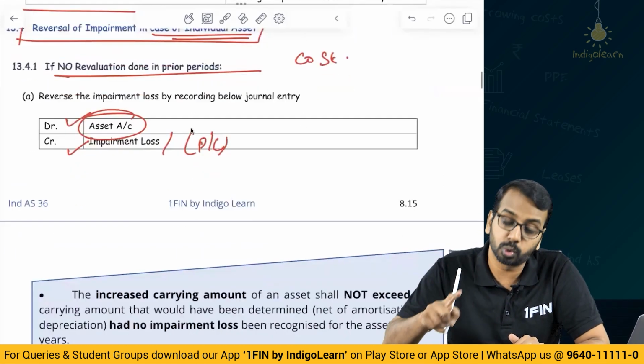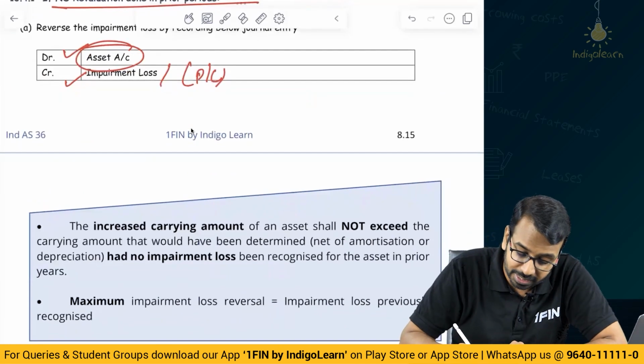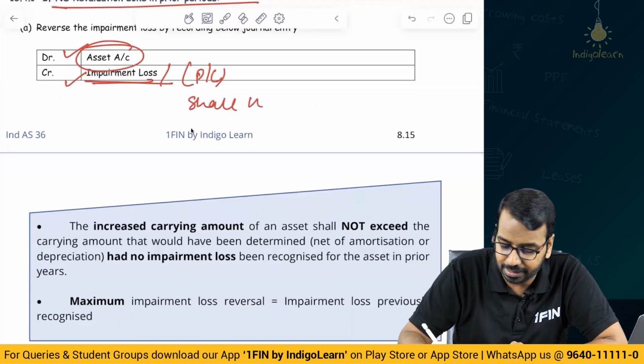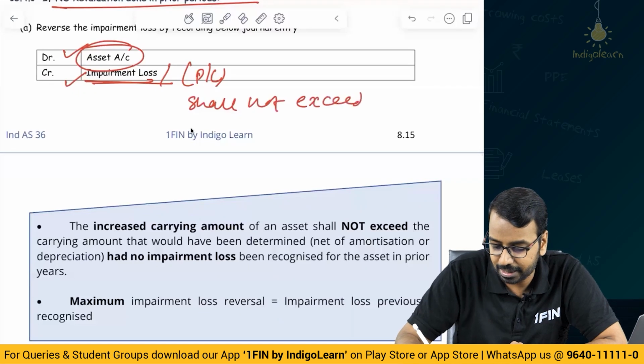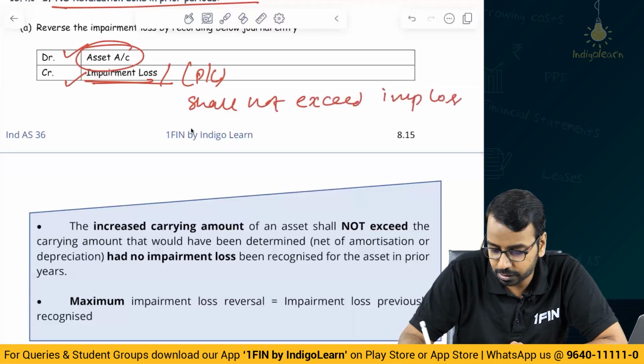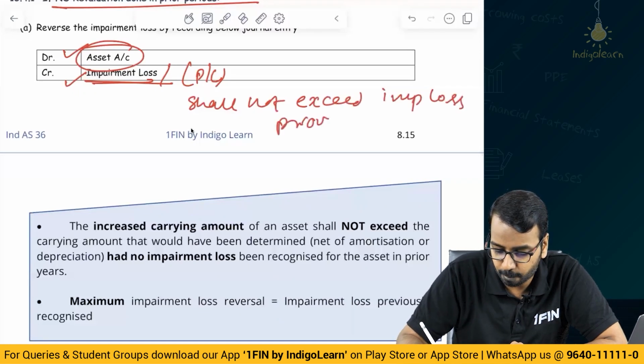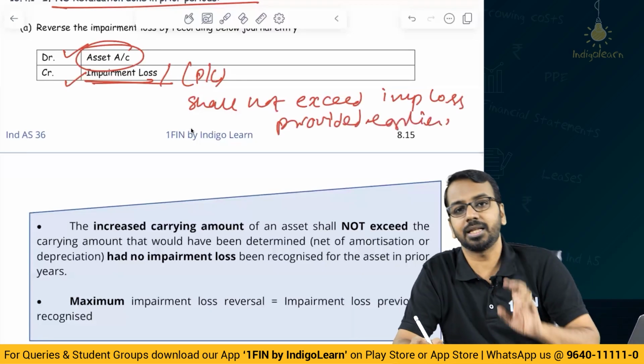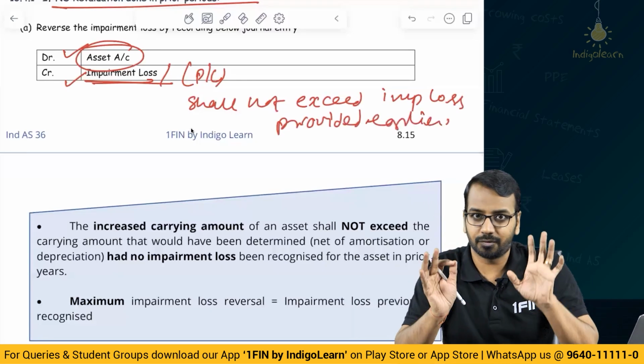Now, two things you have to keep in mind. First, this impairment loss reversal shall not exceed the impairment loss provided earlier. So, it should not be greater than the impairment loss that you have provided earlier. That is the first thing.